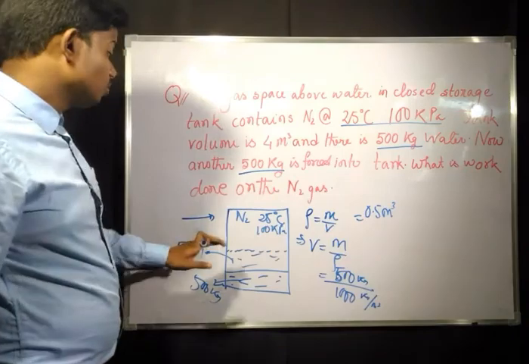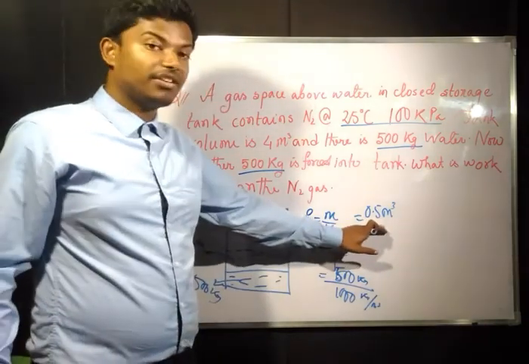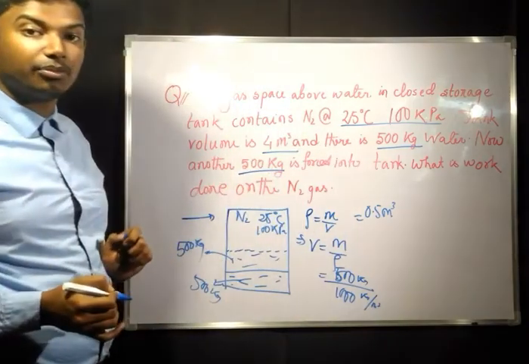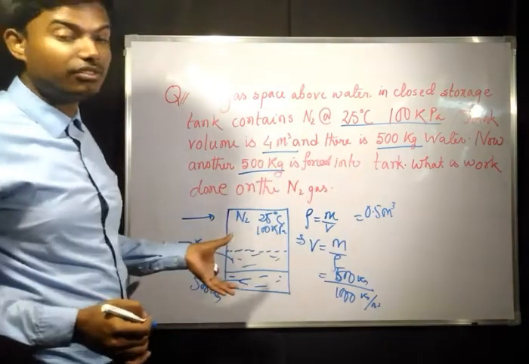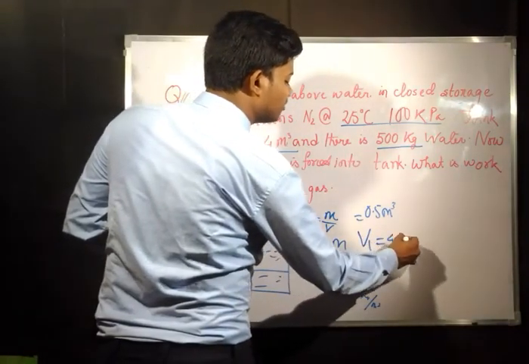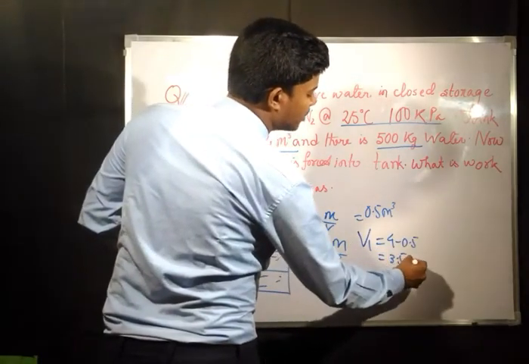So at first the water was 0.5 meter cube, and the total volume of the tank was 4 meter cube. What was the volume of nitrogen? The initial volume of nitrogen was 4 minus 0.5 of water, and the remaining is 3.5 meter cube.